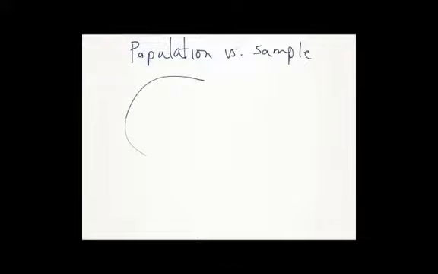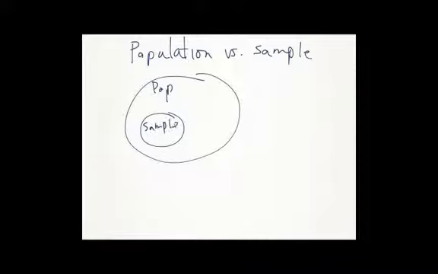So in other words, if this is the huge population here, then we just collect a smaller part called the sample. And then we hope to make inferences from our sample to the population.